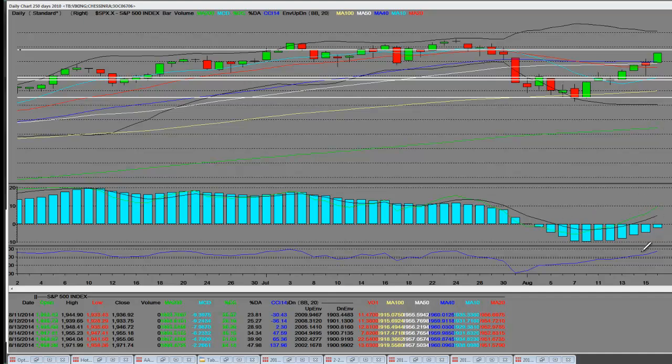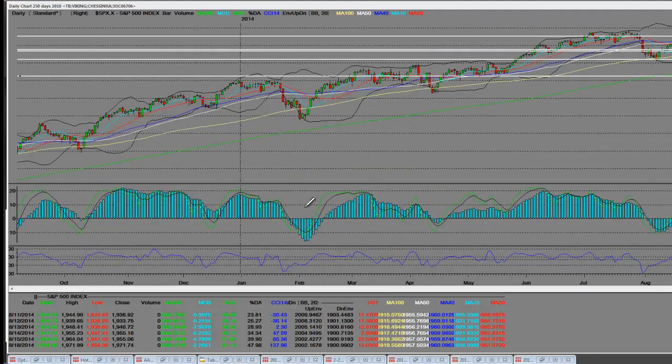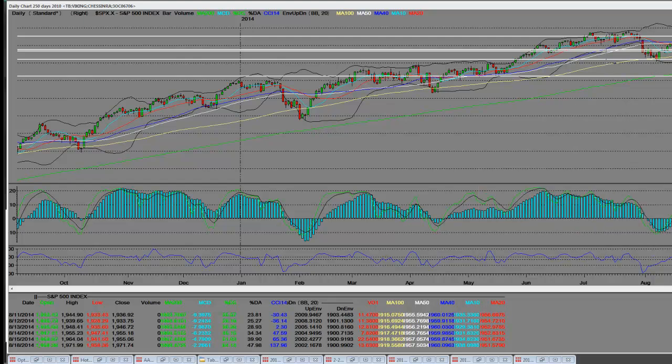It's in a daily sell signal at the time. We haven't seen one all year, except for January on the S&P. That's back over here. That was the last time that we got that sell signal, and then, bam, we were off to the races, and we made all-time highs again in the S&P 500 versus the Dow 30.